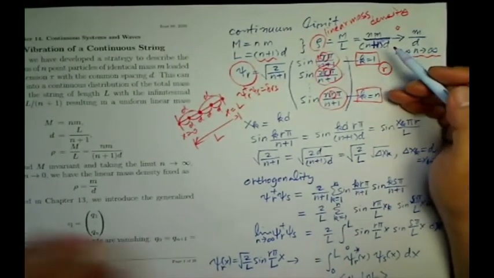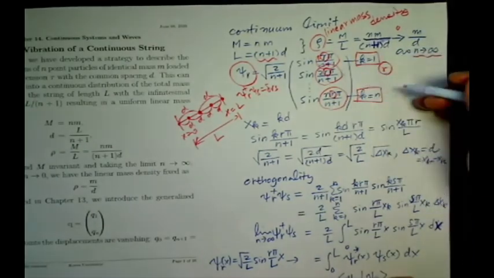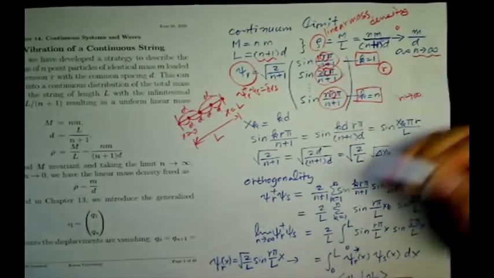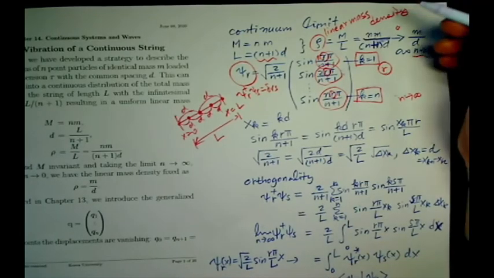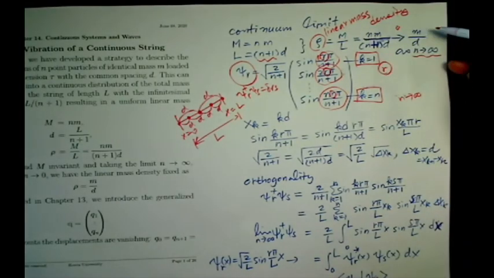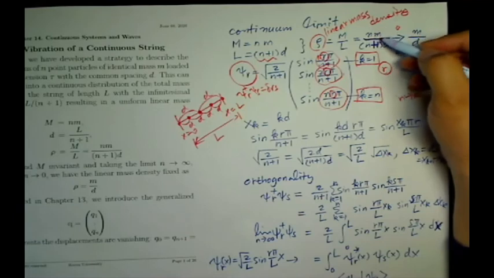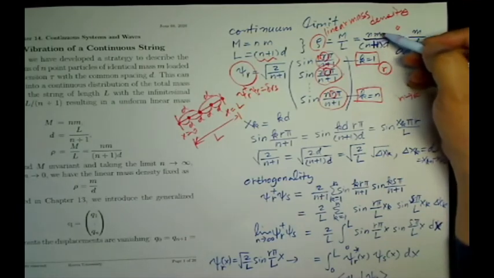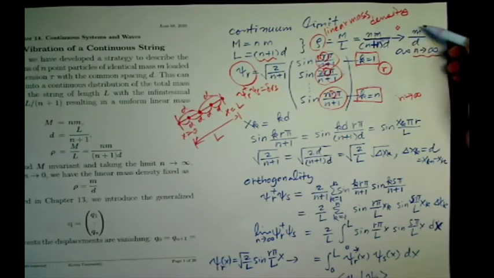In the continuum limit, the number of elements will go to infinity, and we keep the total mass to be M. So as n goes to infinity, the mass of each bead will decrease to keep the ratio the same.